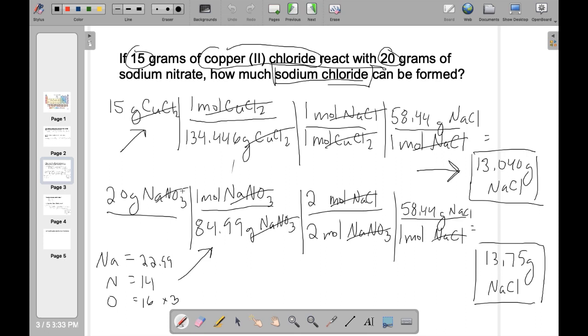So how can I figure out how much is left over? Well, this is pretty easy. If I know I have 15 grams of copper chloride and all of this is used up, what I could do is do a mass-to-mass stoichiometry problem. I could plug in 15 grams of copper chloride and figure out how many grams of sodium nitrate I used. Then I will know how much is left over.